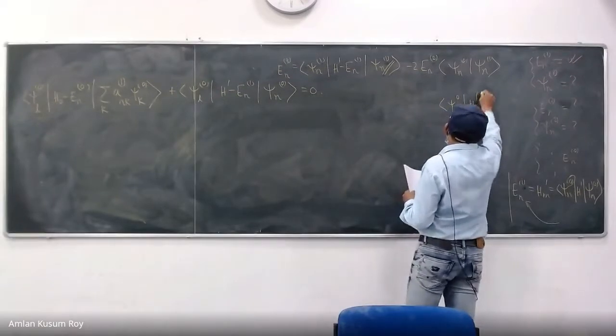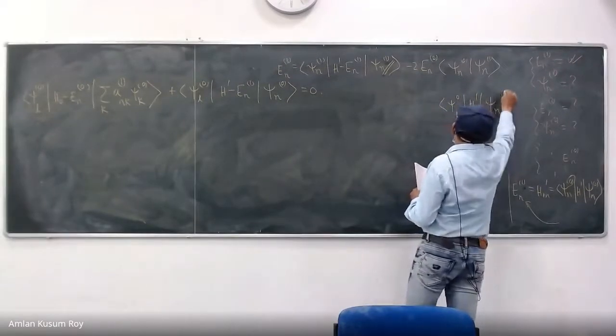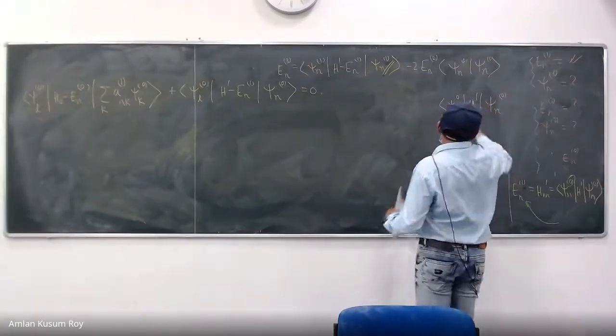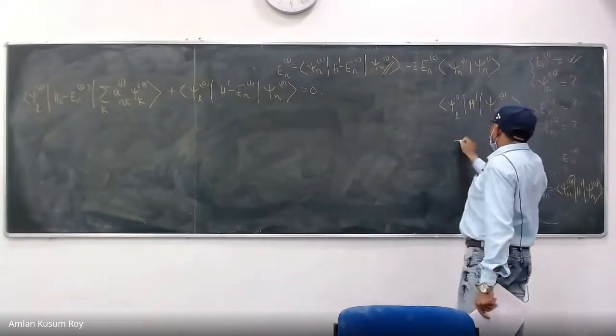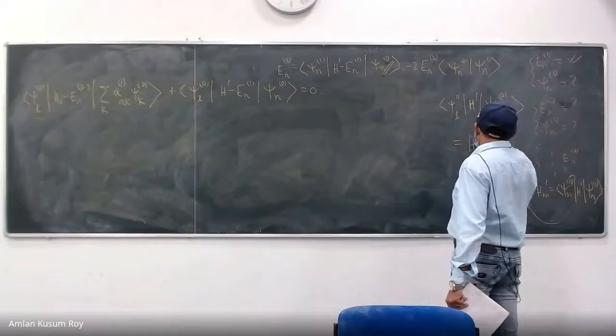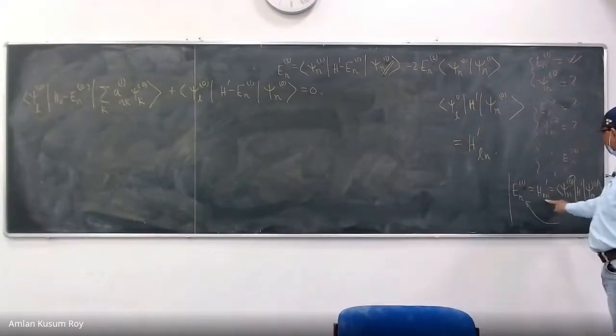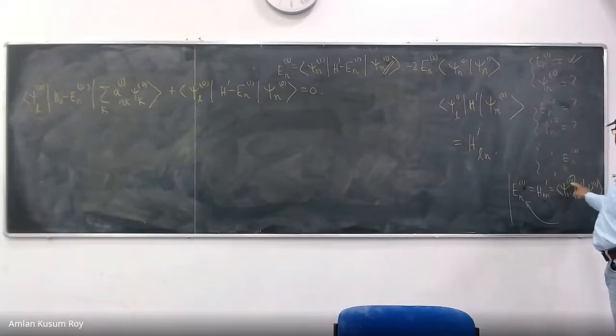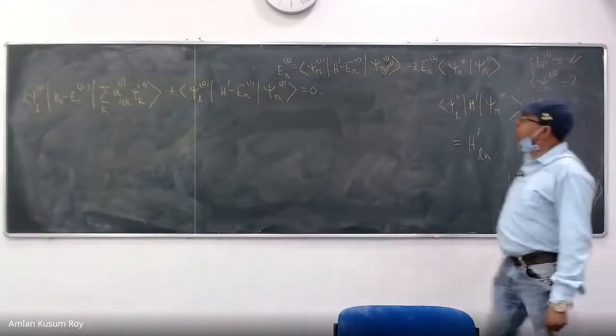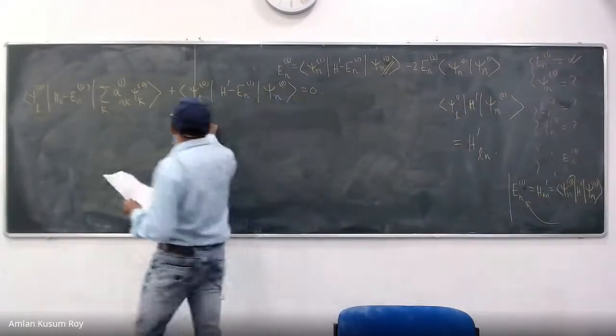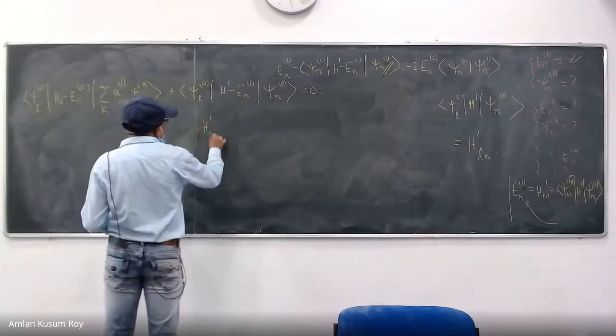Remember the notation we used for the first order correction, h prime nn; one of them is replaced by an l, so this guy is actually h prime ln.